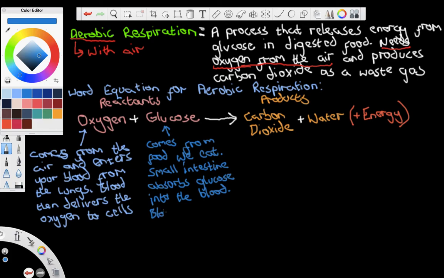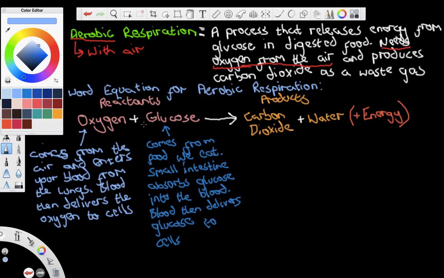So blood then delivers glucose to cells. Okay. Carbon dioxide, which is produced in this reaction, is breathed out.